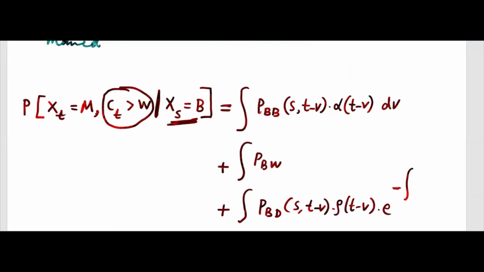So here, you see t minus v to t, all transitions I have to write, du dv. I should write a bracket here.